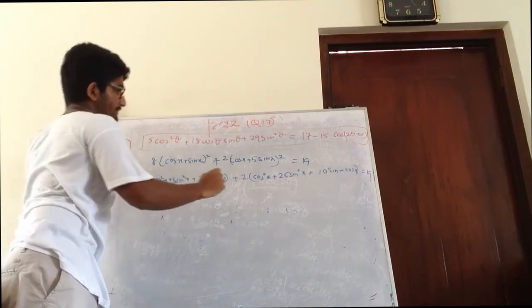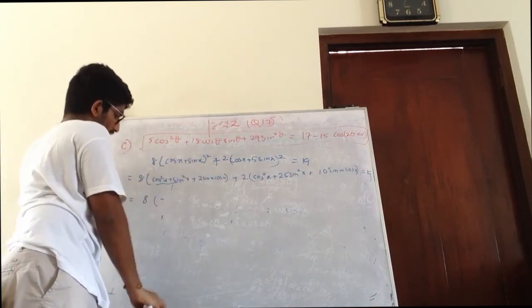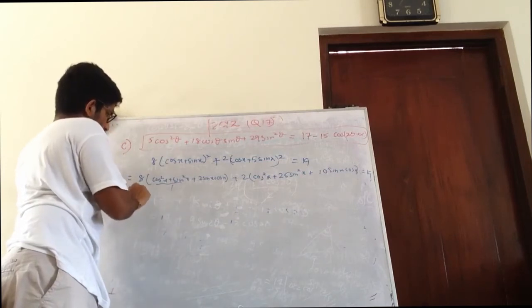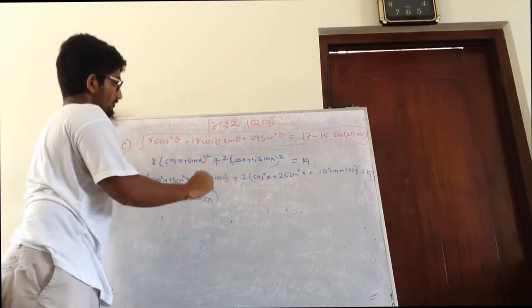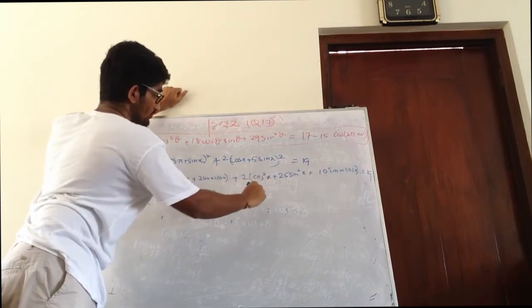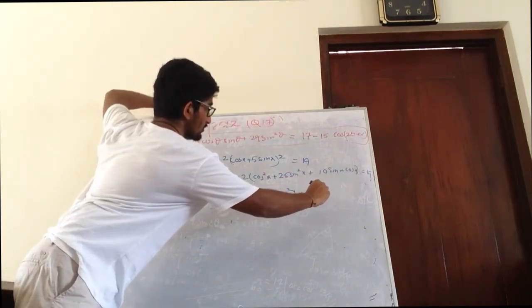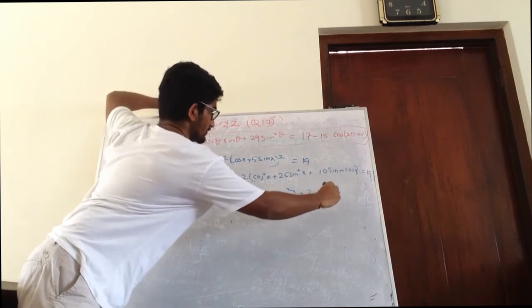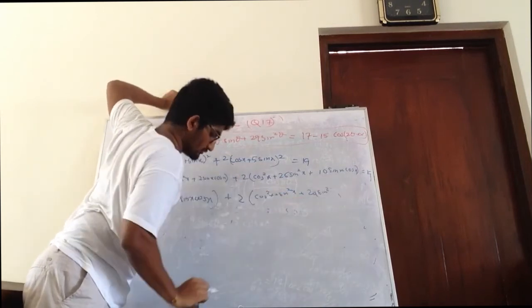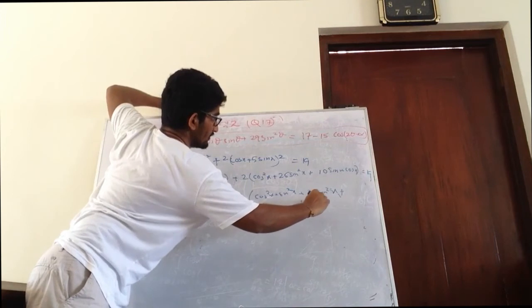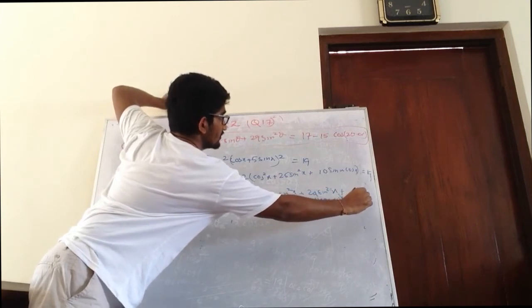This is basically 1. That means 8 times (1 plus 2 sin x cos x) plus 2, this also I can write as cos square theta plus sin square theta, plus 24 sin squared x plus 10 sin x cos x equals 90.